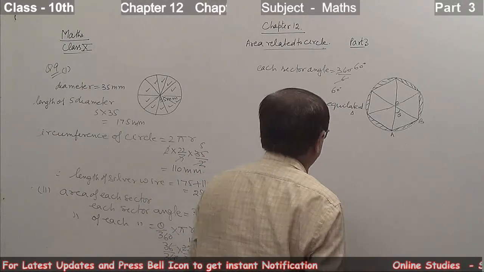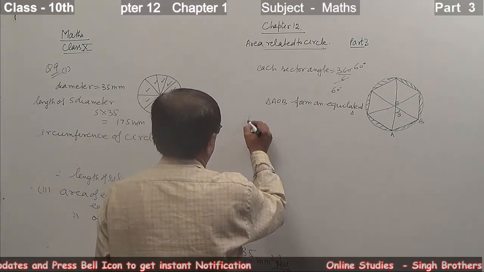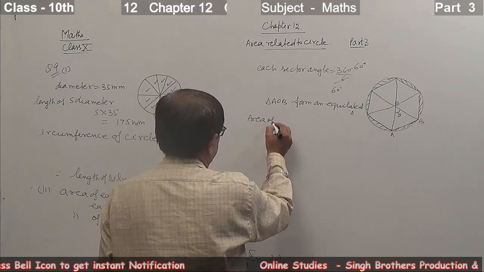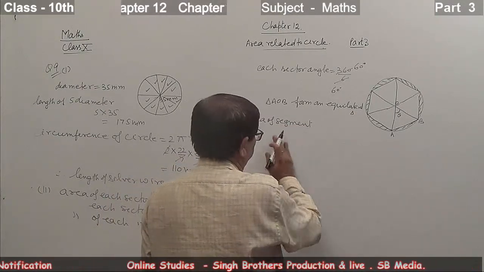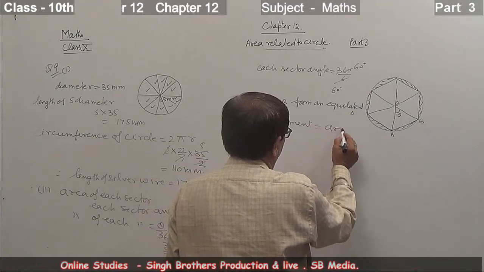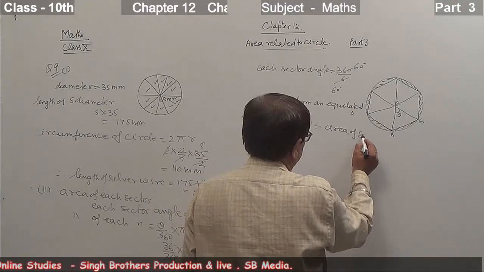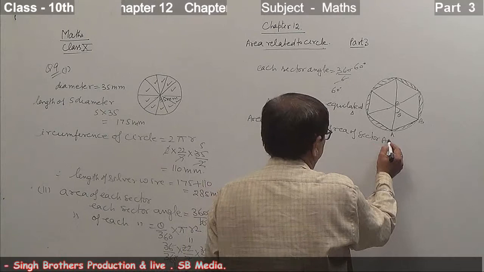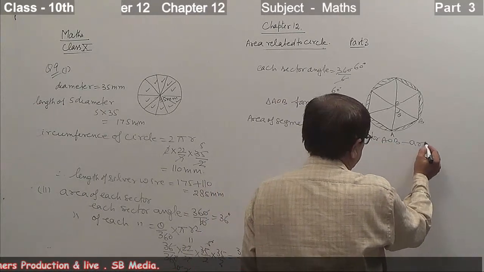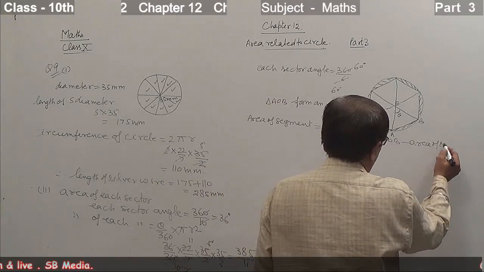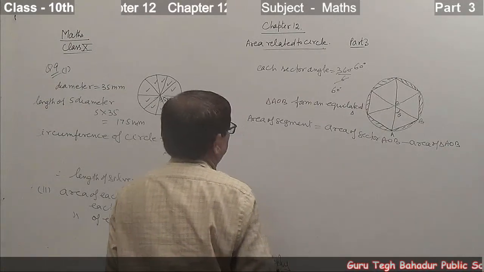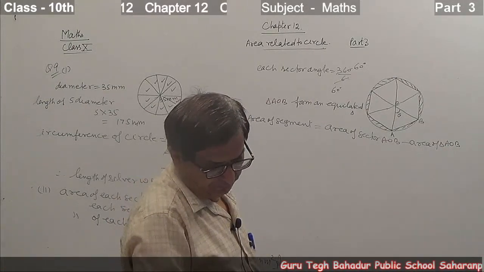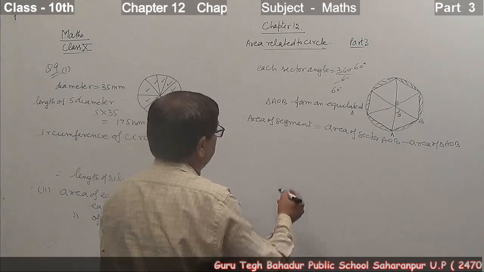Find the area of the segment. The area of the segment is equal to the area of sector AOB minus the area of triangle AOB. The radius is given to you, 28 centimeter.